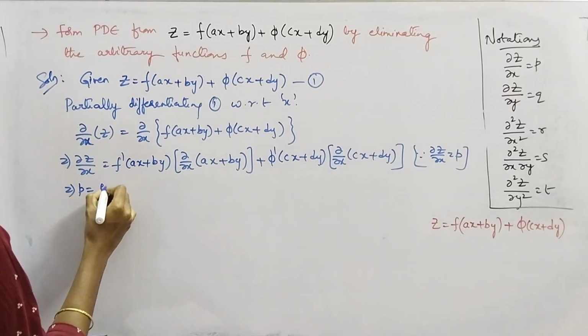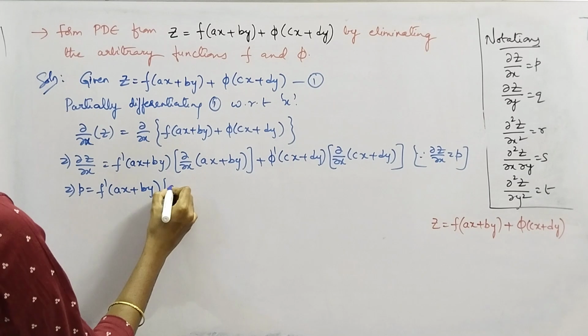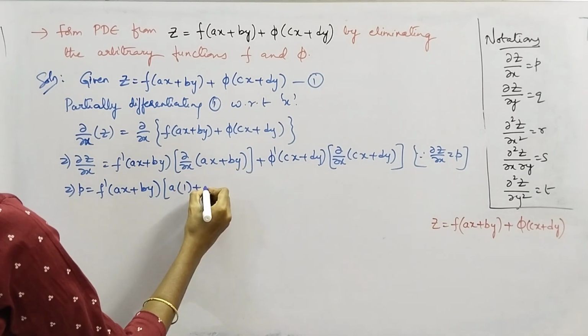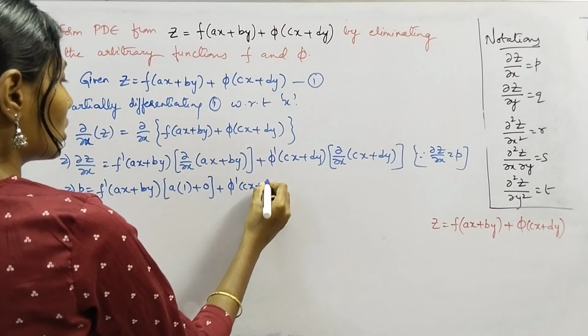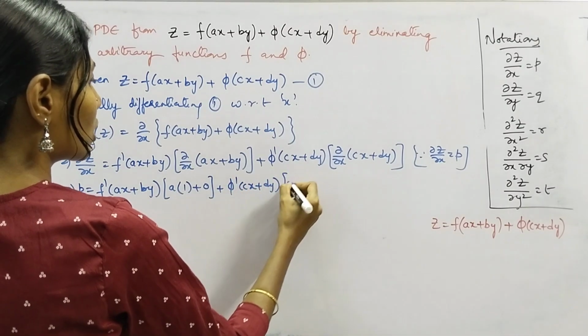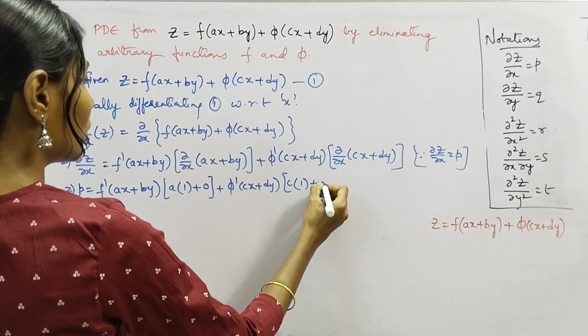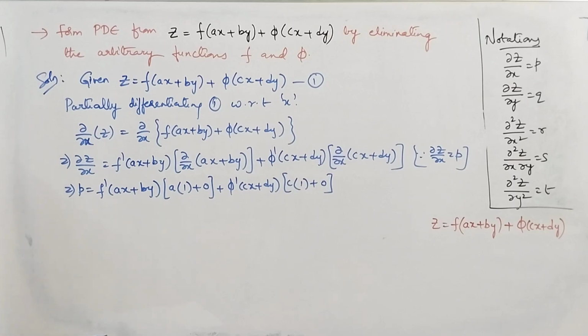We'll get p equal to f dash of ax plus by into a times partial derivative of x with respect to x is 1 plus partial derivative of by with respect to x is 0, plus phi dash of cx plus dy into partial derivative of x with respect to x is 1 plus partial derivative of dy with respect to x is 0. Since we are partially differentiating with respect to x, we'll treat y as constant here.